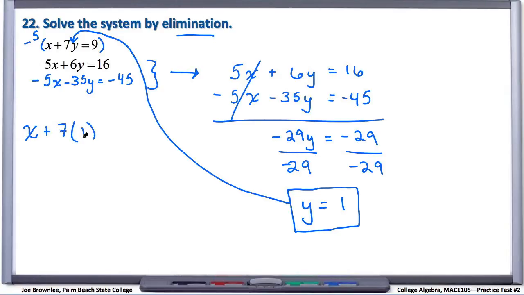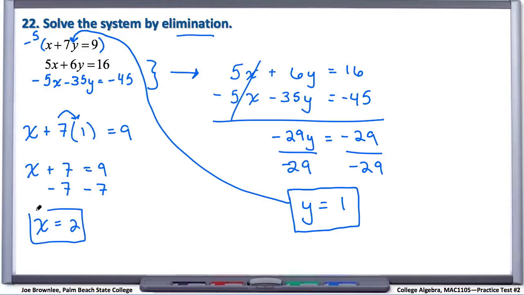We just found what y was, so we're replacing y with the y value that we just solved for, equals 9. Well, we'll distribute here, so we end with x plus 7 equals 9. And if we want to get x all by itself, we'll subtract 7 from both sides, and that leaves us with x equals positive 2.